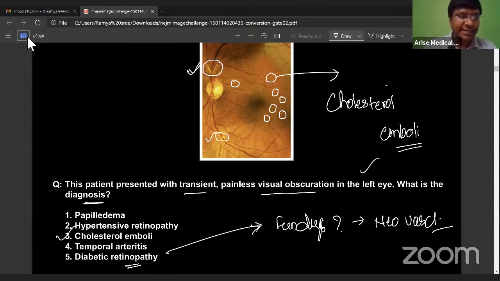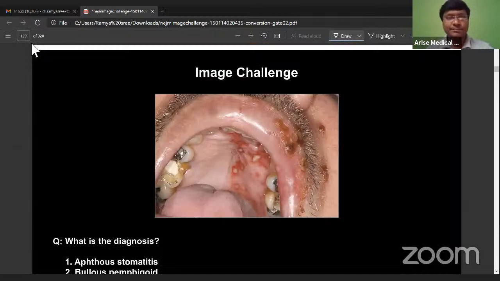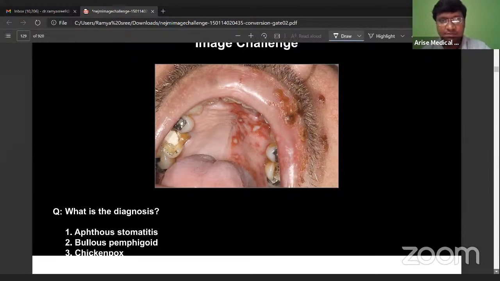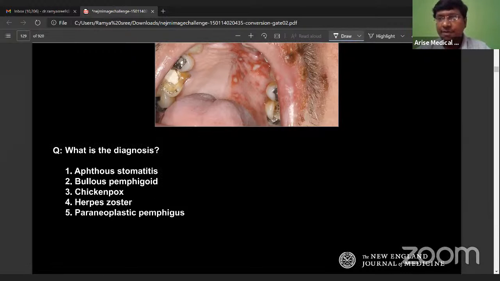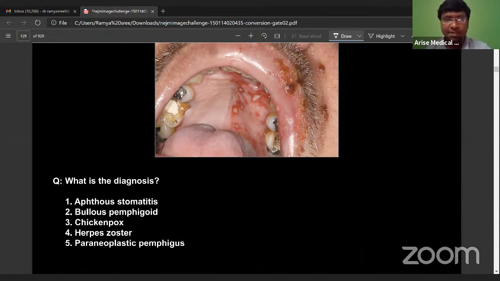Now you see the next question. Let me see who will answer this. You observe the lesions properly. What is the diagnosis? Aphthous stomatitis, bullous pemphigoid, chickenpox, herpes zoster, paraneoplastic pemphigus.